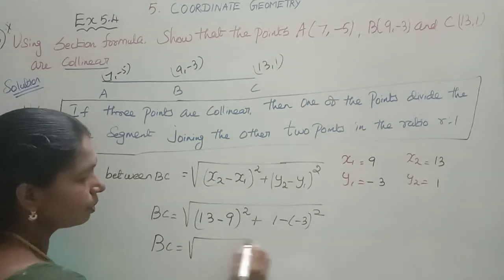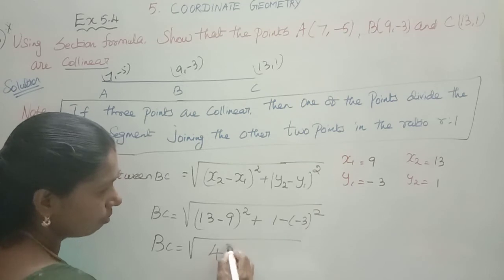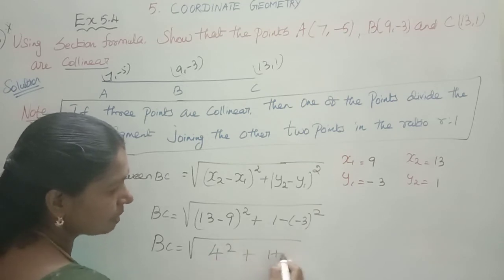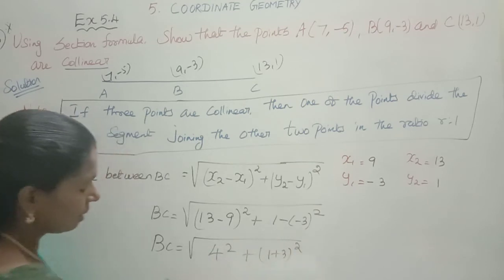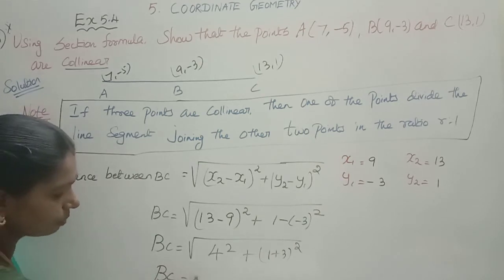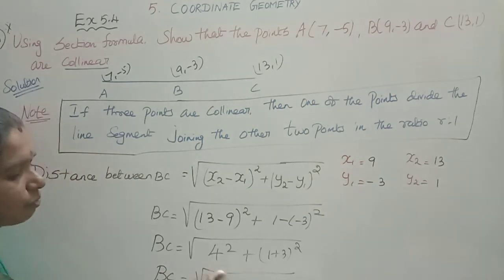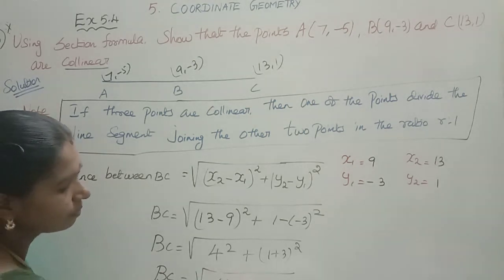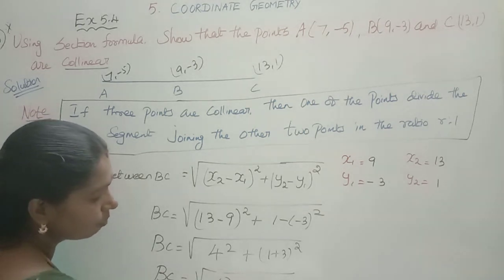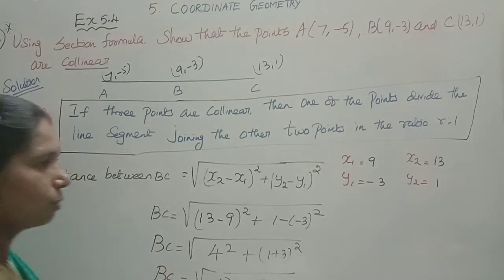So square root of 13 minus 9, 4 square, plus 1 plus 3 the whole square. So I am getting BC is equal to square root of 16 plus 16. That is 4 square plus 4 square. You may write one more step also.